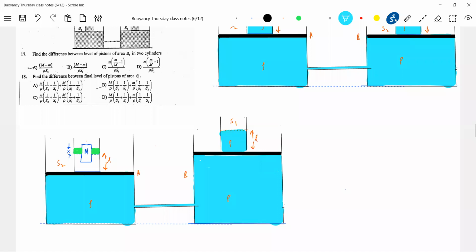The diagram is very important here. Now the small m is brought here. Mass of this will be. So the initial level of liquid was this much. Here the liquid has risen.